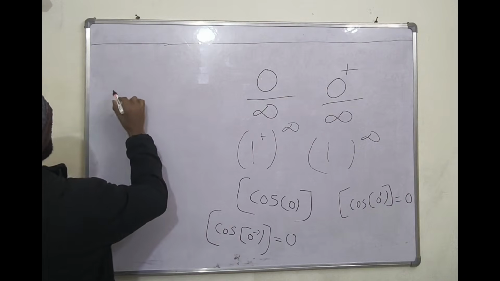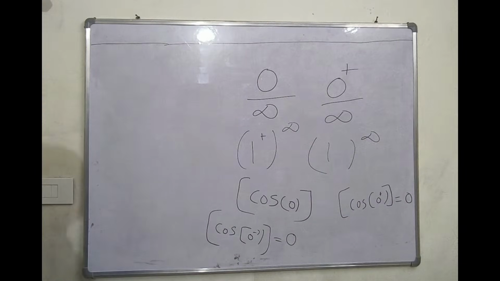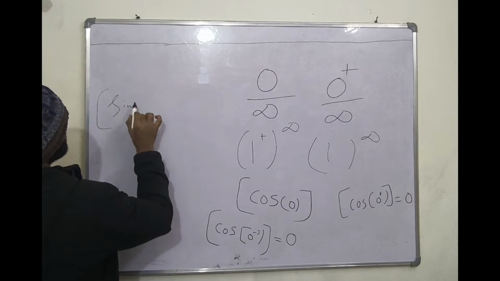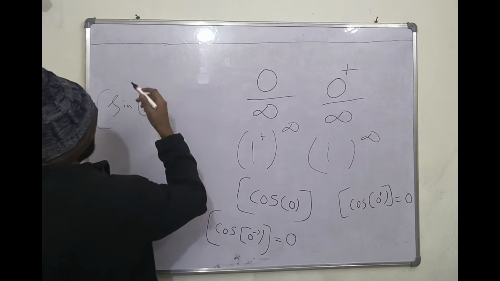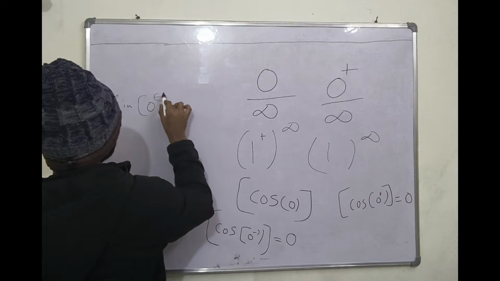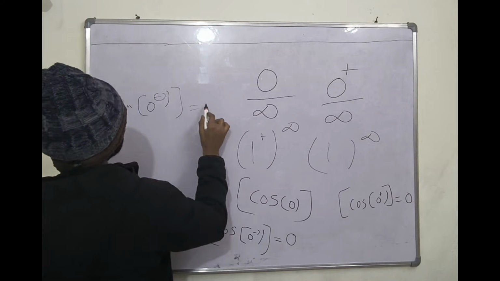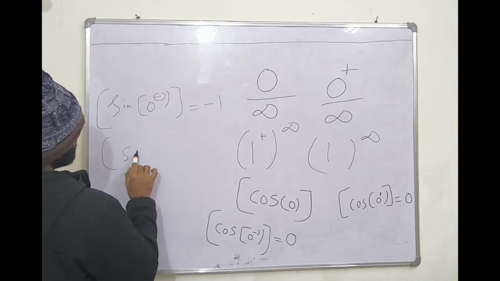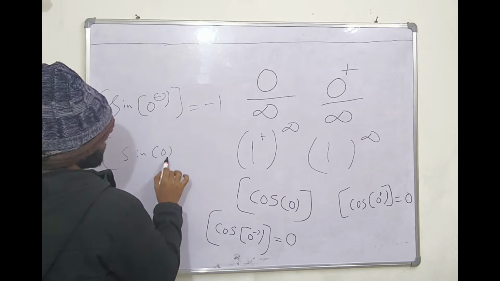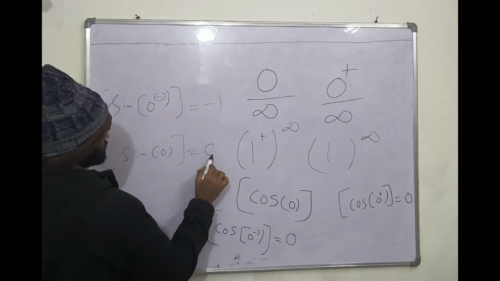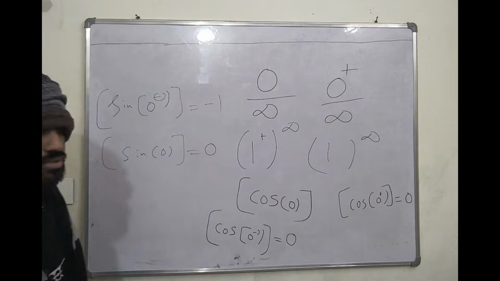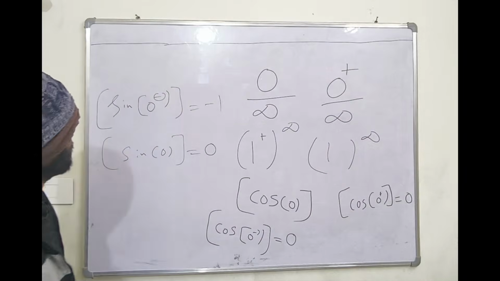Similarly, students also get stuck with some more examples like step of sine 0 minus, this is minus 1. And step of sine 0 exactly 0, at exactly 0 it is again 0. And there are some more examples you can think of.